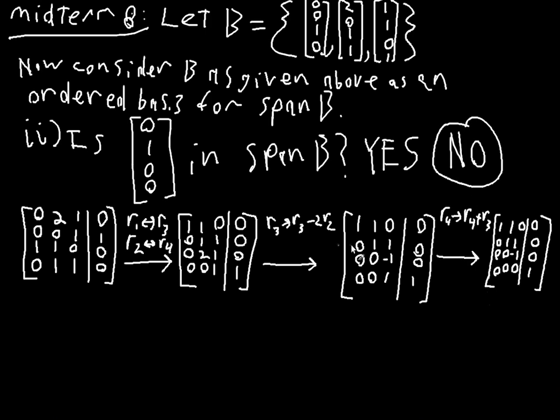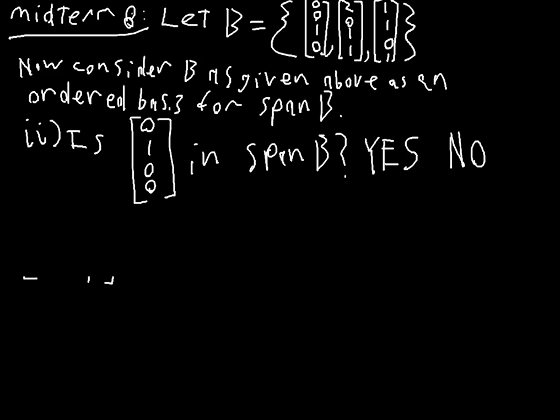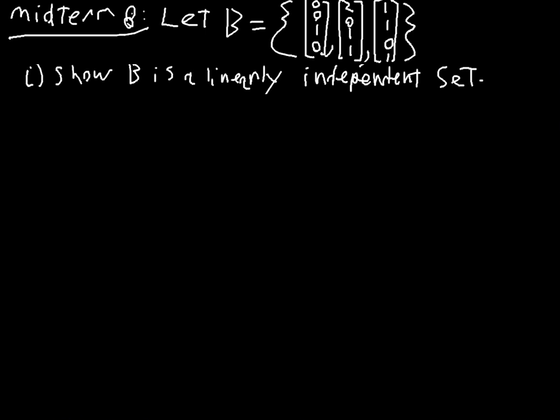But let's quickly go over to part 1 and answer that, because we can see that the row echelon form of this matrix here is actually this matrix here. So let's move over to part 1, and let's show that it is in fact a linearly independent set.